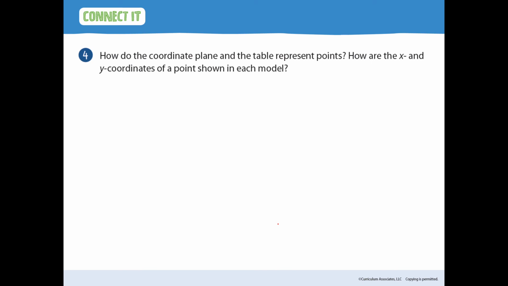In the coordinate plane, a point is shown at a location determined by a horizontal distance from the origin, that's the x coordinate, and the vertical distance from the origin, that's the y coordinate. You see the coordinates as scale labels on the axes. In the table, points are shown with their x coordinates in the first row, and their y coordinates are in the second row.